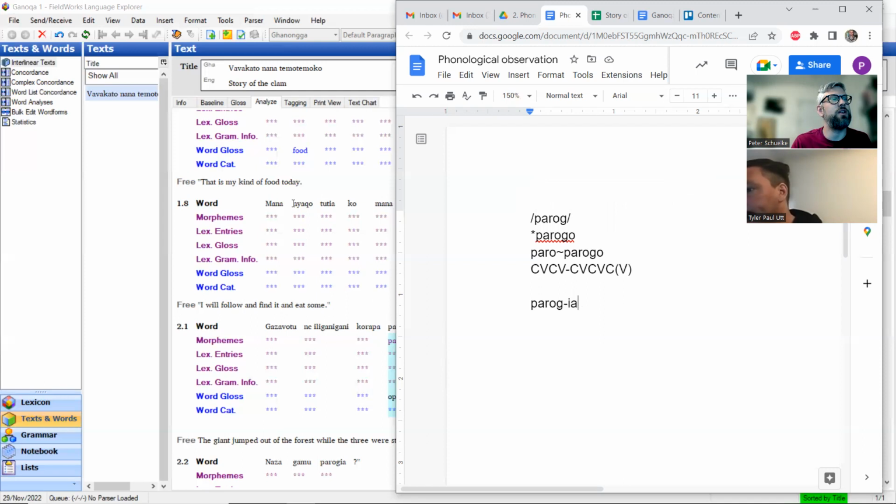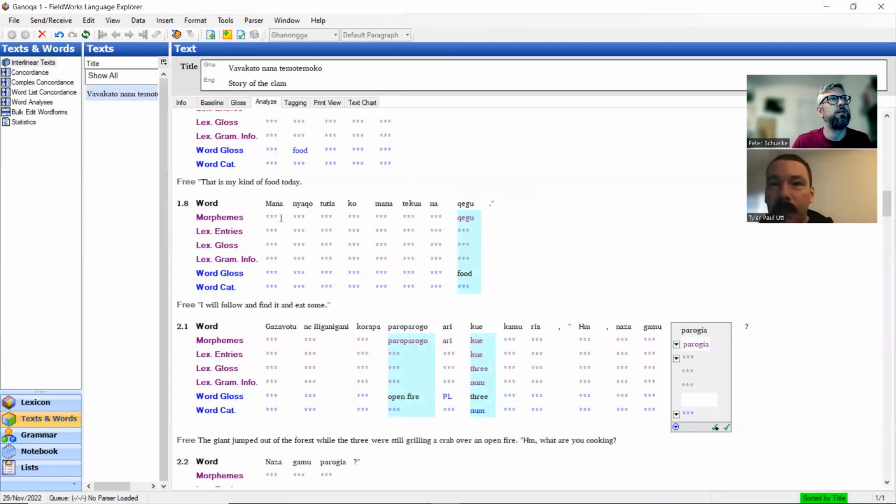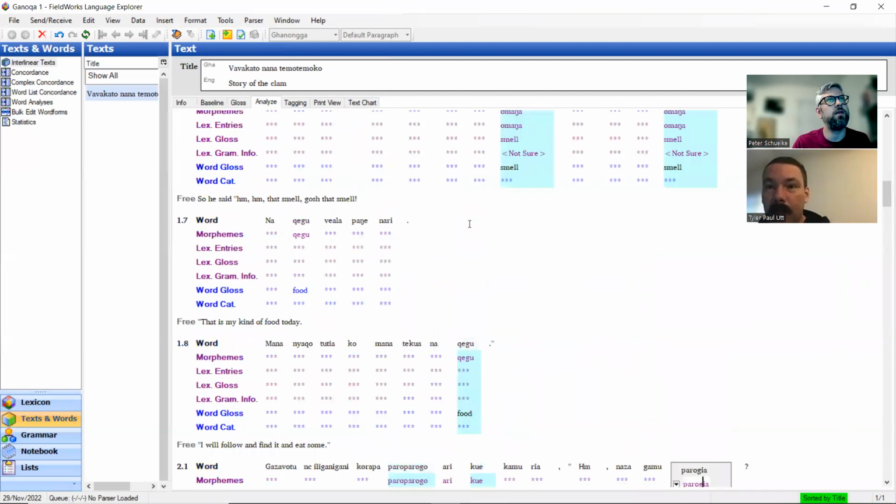Based on the evidence. All right, now Tyler has also pointed out we do get what looks like a palatal nasal here in this NY. In the text, yeah, not in that. Well, let's go back to flex there real quick for that. Nyango there, 1-8. Mana yango tutiako mana. Now, ngeru, I want to check if that's right. There are some little spelling errors.